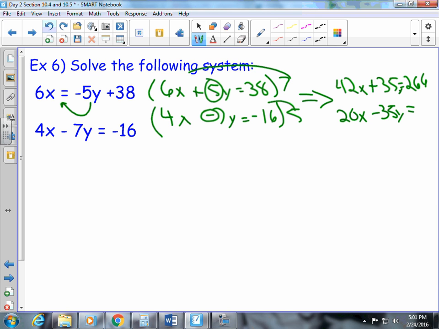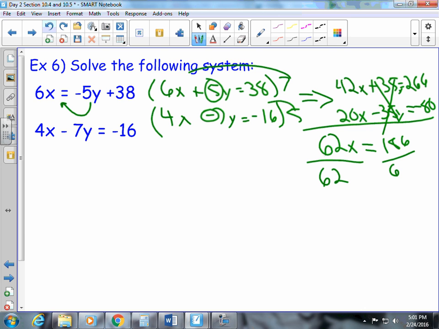And now that's equal to, if I take 5 times negative 16, that's negative 80. So now I'm going to add. I get 62x. Y's cancel out. That's what we were looking for. Is now equal to, what do we get? 186. Divide by 62. I get x is equal to 3. And you know the rest.